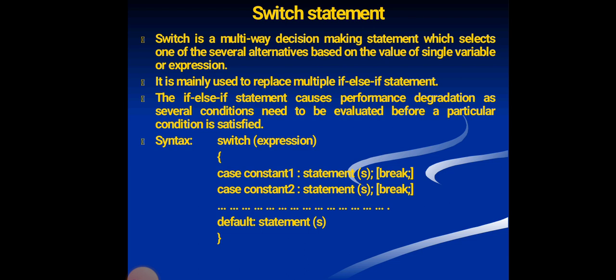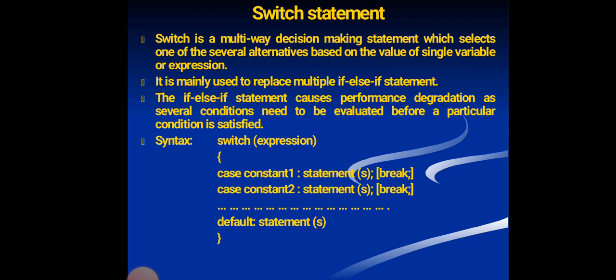The switch statement is a multi-way decision making statement. Here we never check a condition, we check the expression value. If the expression value matches, the program enters the statement. The statements are derived from the case section: case 1, case 2, case 3, case 4.